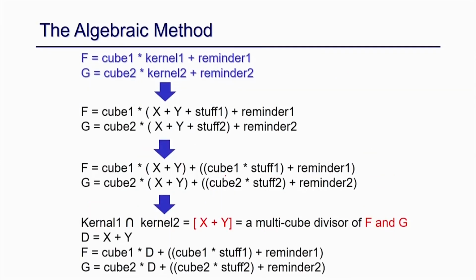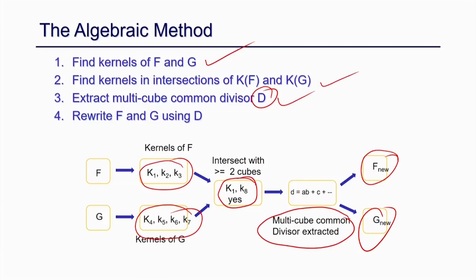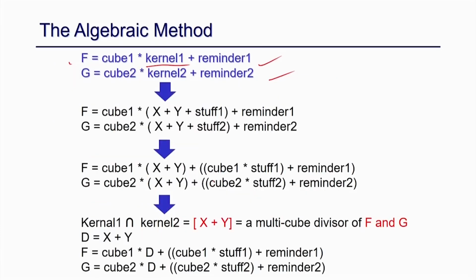Just to elaborate further, suppose f is basically this. This kernel 1 you can represent, because you are dividing f by q_1. So, you can rewrite f by this, g by this, and then this kernel 1 has some common subexpression, that is the point. So, this is kernel 1 and kernel 2 is that intersection which we talked about. Suppose this is k_1 and k_2, and then I can rewrite this by x_1, because that is the common subexpression part in the kernel.